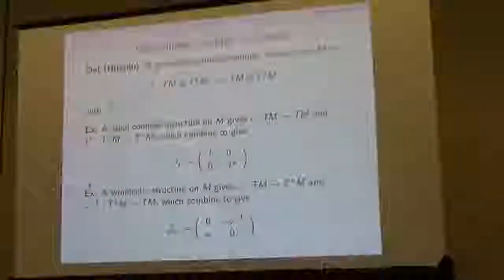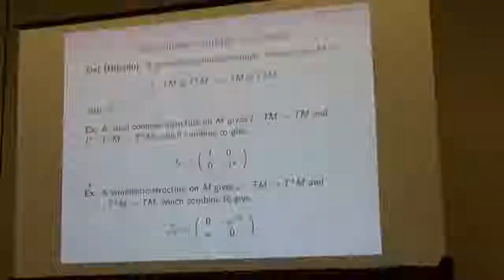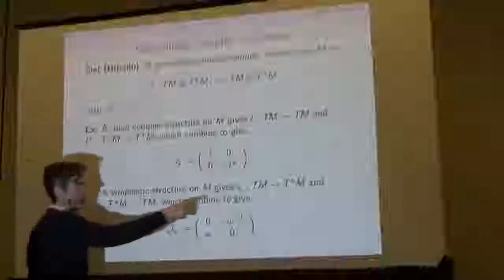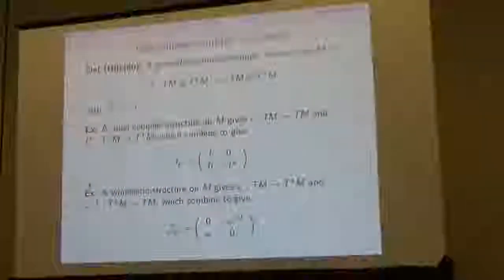So if you have a symplectic structure, a symplectic structure is a skew 2-form on the tangent bundle, but that can be written as a map from the tangent bundle to the cotangent bundle. You take a vector, you take the interior product of the vector with the skew 2-form, and it gives you a 1-form.